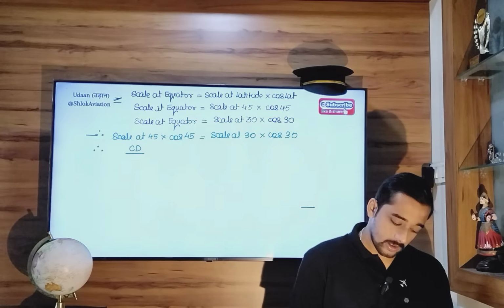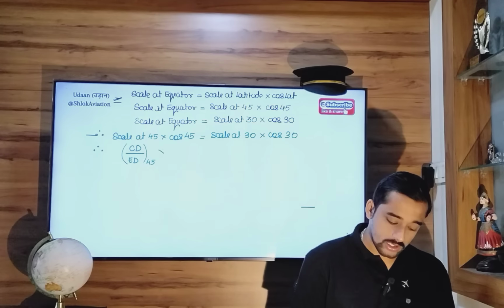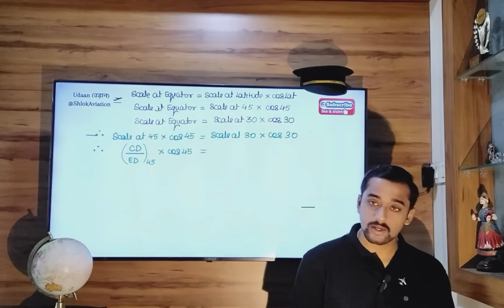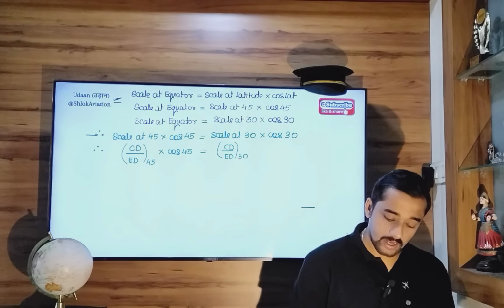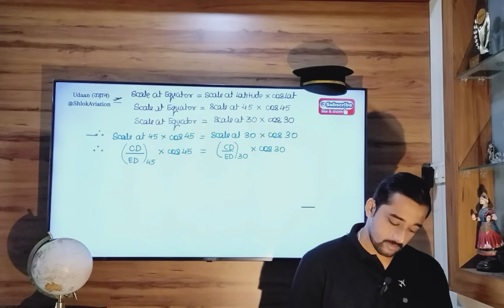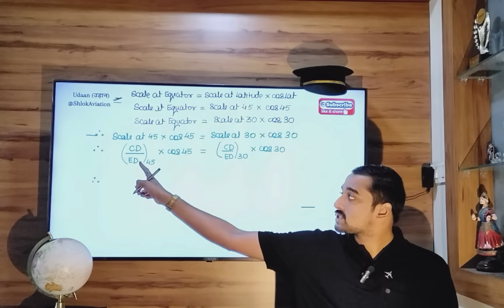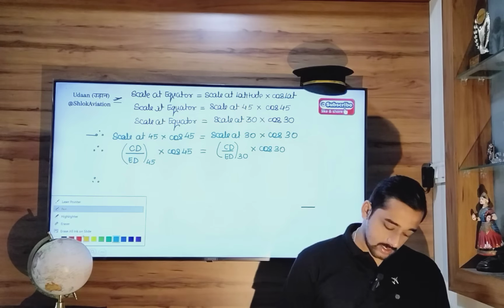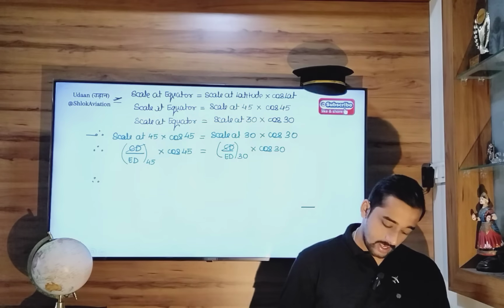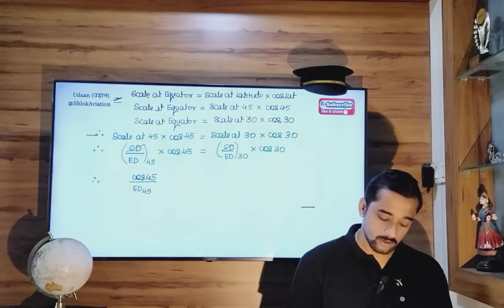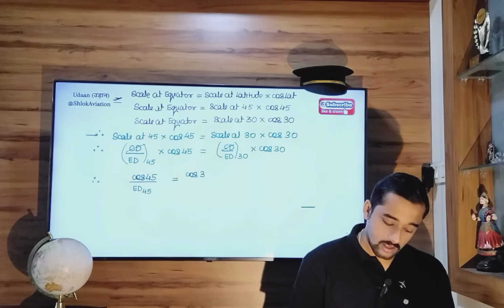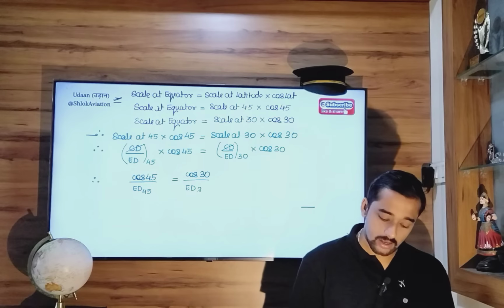Chart distance upon earth distance at 45 degree north latitude into cos 45. Scale at 30 will be how much? Chart distance upon earth distance of 30 degree north latitude into cos 30. Now chart distance in both cases is the same. So chart distance will get cancelled. Now we are left with cos 45 divided by earth distance at 45 degree latitude equals cos 30 divided by earth distance at 30 degree latitude.